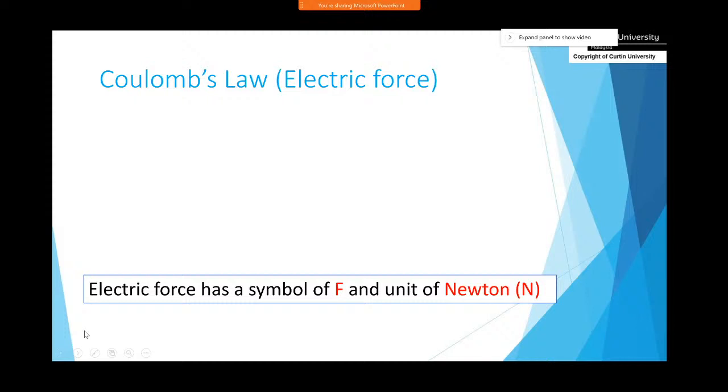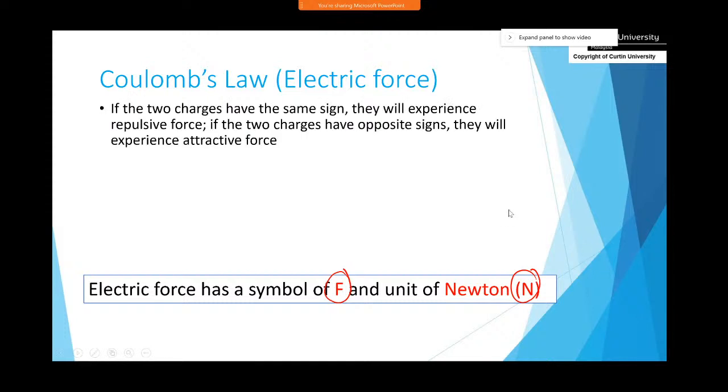Now let's learn the theory part, which is quite boring. These are the phenomena that we always experience, but we have to look into the small particles, especially the theory parts. The things that you always experience, the sparks, the things that you can see, is what we call electric force. Electric force is given by symbol F, and as usual the unit is Newton.